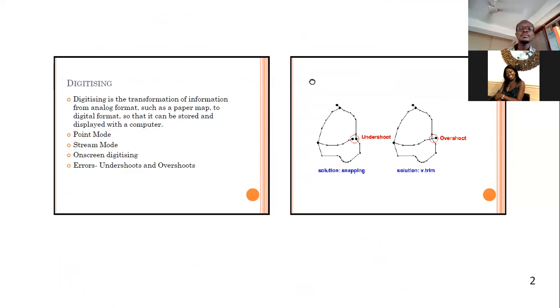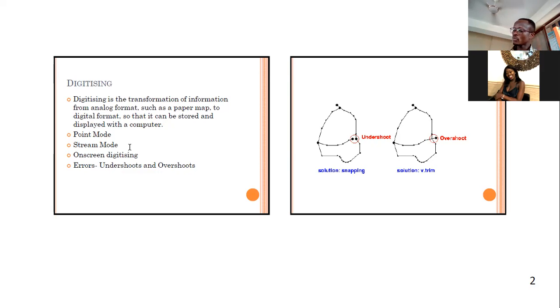Okay, all right, so going back up there, we have 3 modes when you do digitizing. You have the point mode, the stream mode, and the on-screen digitizing. The point mode is where you just select points as you wish to define the shape of the geographical object. The stream mode is where you allow the computer to record the coordinates within a certain time interval.